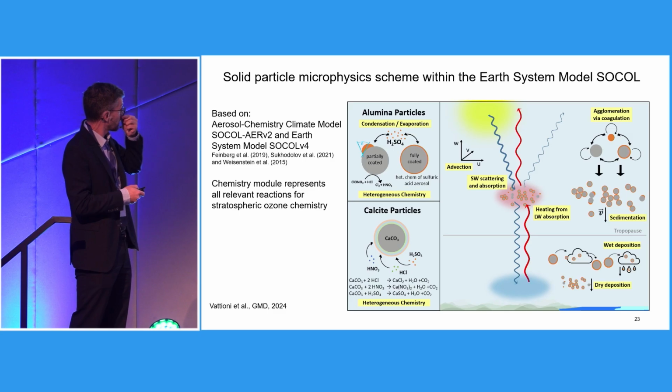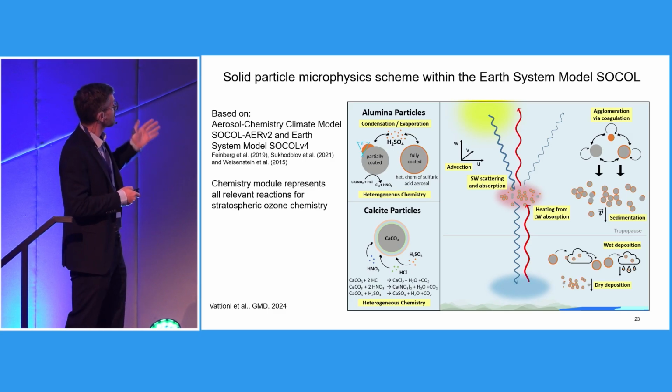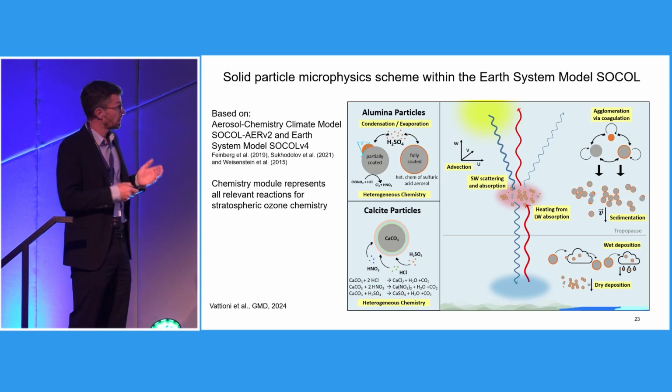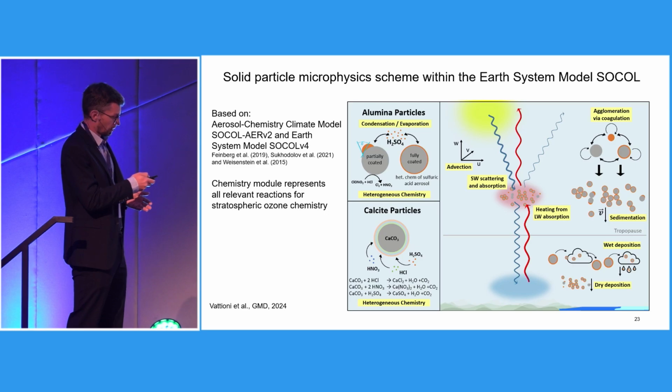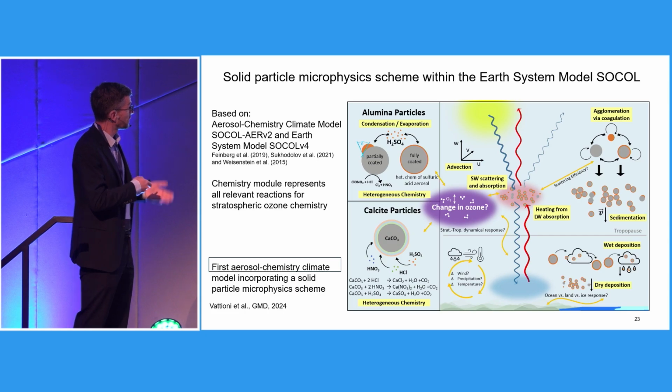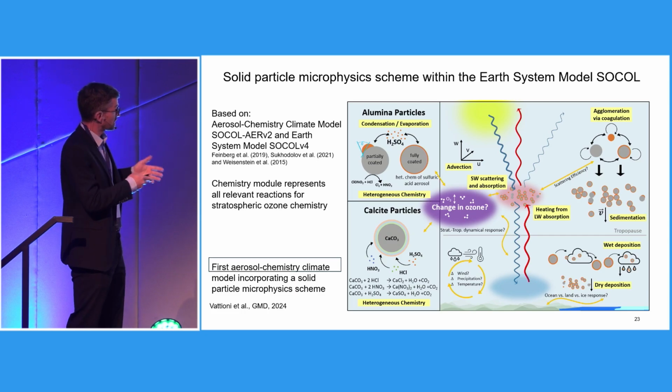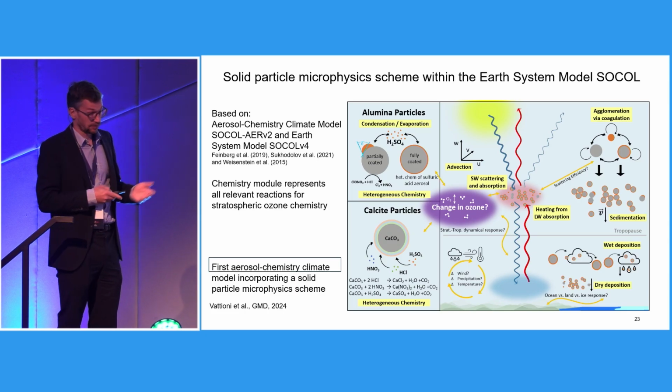So this is the model we used. It's the solid particle microphysics scheme we implemented in our model. It accounts for coagulation of the particles, sedimentation, deposition in the troposphere, interactions with radiation, and also heterogeneous chemistry. And you can also model the feedbacks between these different processes in the model.